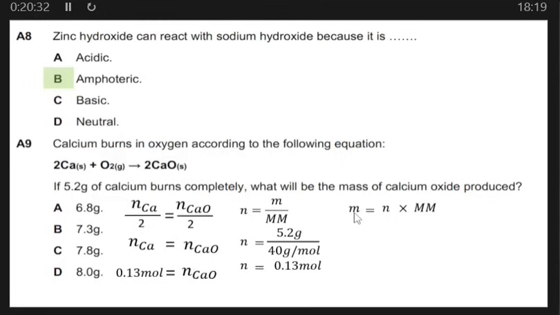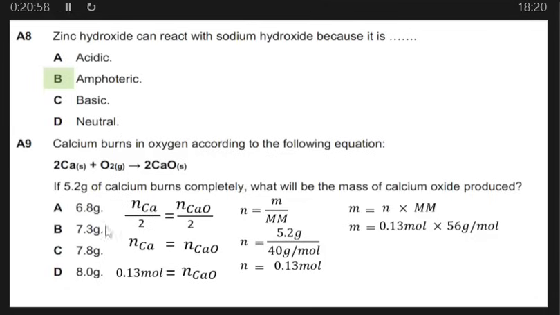Once you make M the subject, you substitute: M is equal to the number of moles, 0.13 mole, times the molar mass for calcium oxide, which is actually 56.